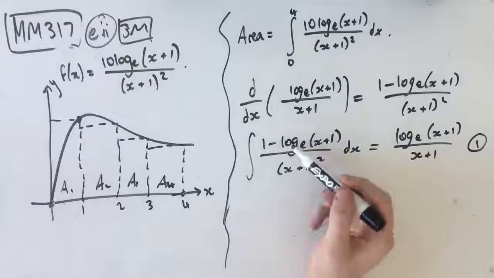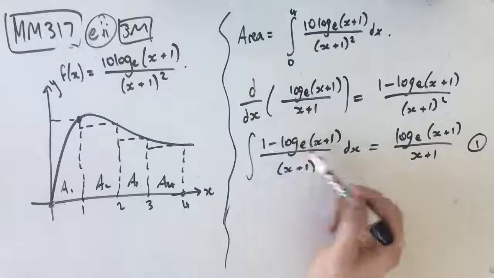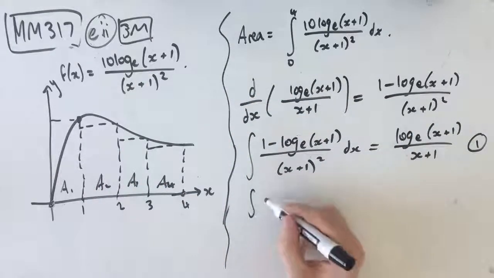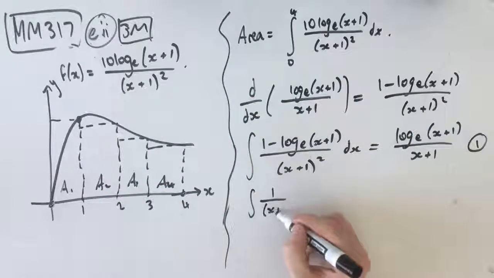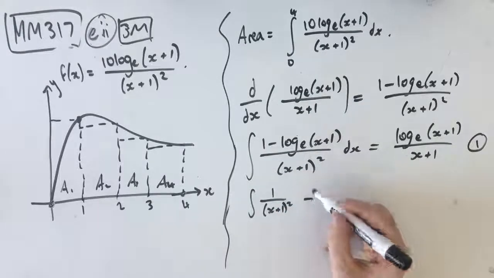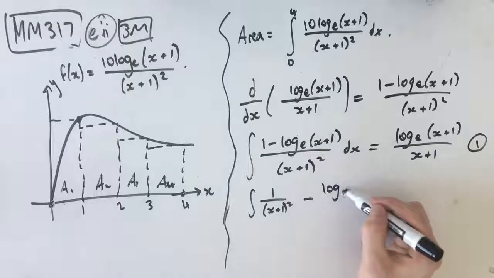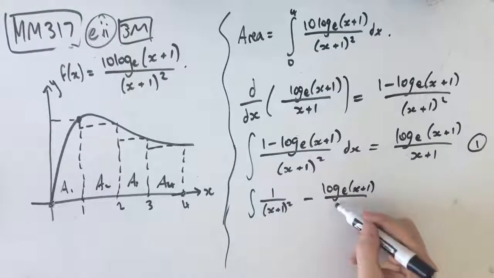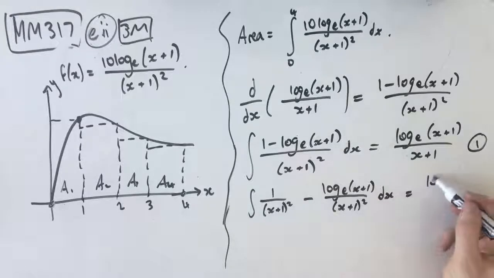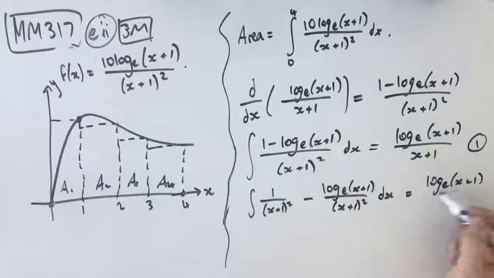Because we've got a numerator that has 2 different terms, we can split that into 2 different fractions. So we're going to get the integral of 1 over x plus 1 squared, minus log e of x plus 1 over x plus 1 squared dx, and that's equal to log e of x plus 1 over x plus 1.